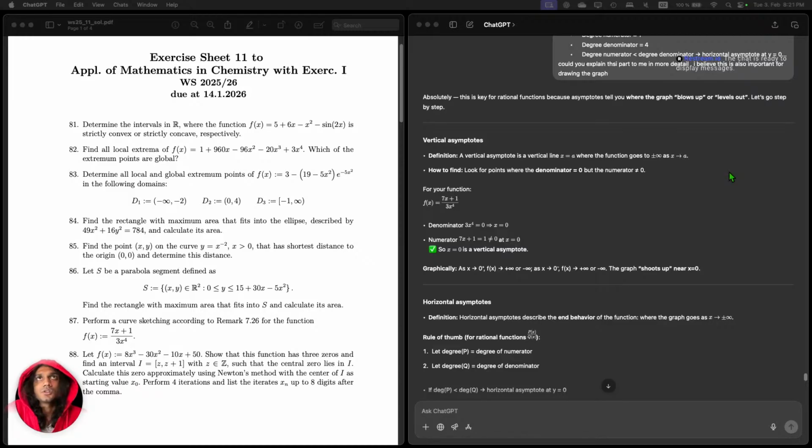For your function, denominator 3x raised to 4 equals 0, x equals 0, numerator 7x plus 1 equals 1, x equals 0, vertical asymptote. Come on, think, boy. Think.